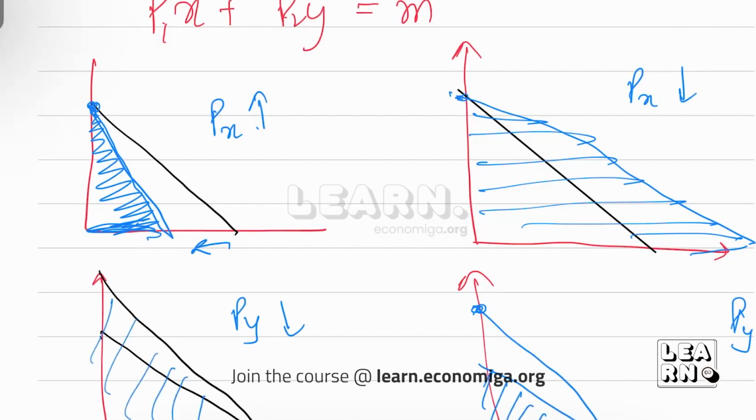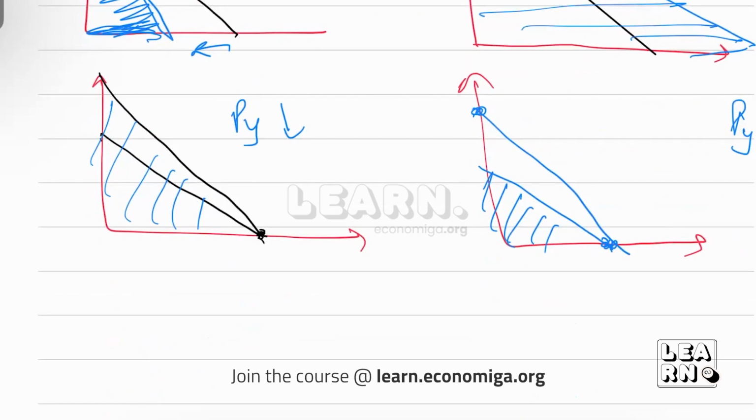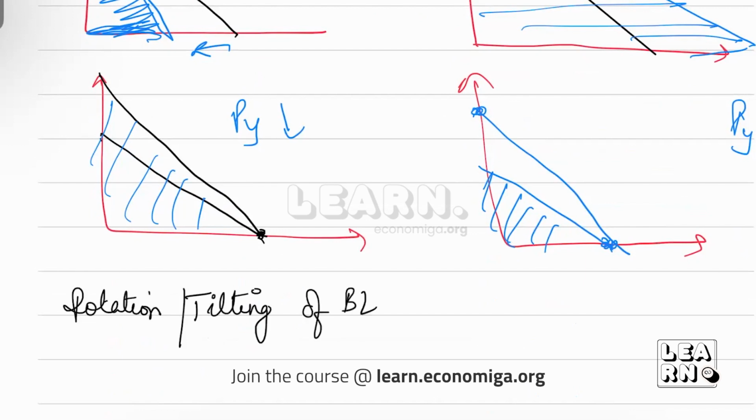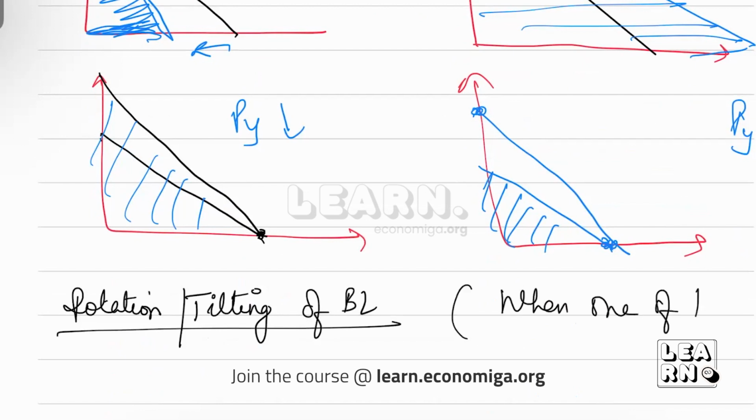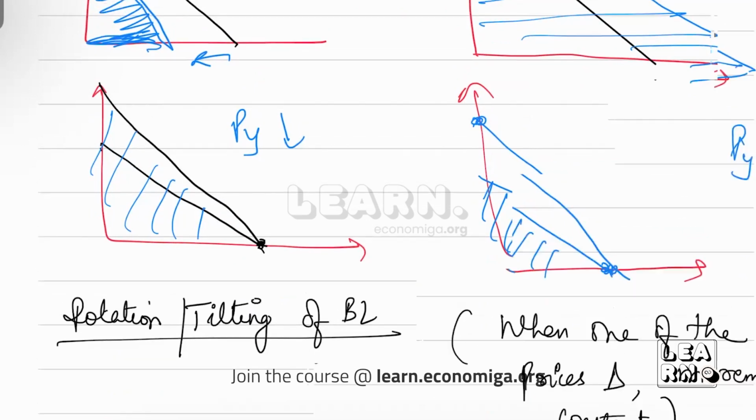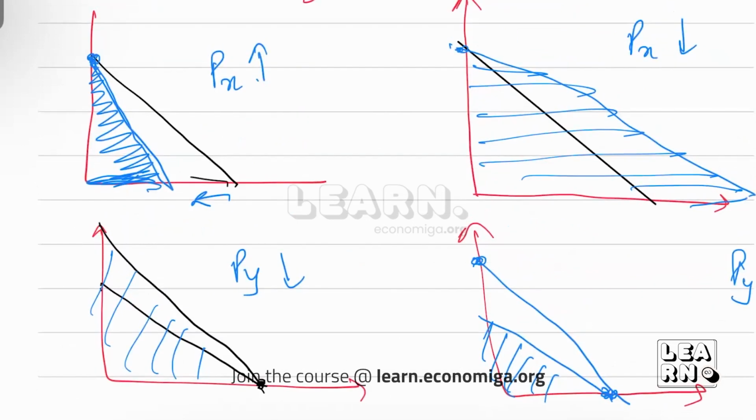So this is what we call a rotation or a tilting of the budget line when one of the prices changes and M remains constant. If the price of X has risen, the budget line has rotated inwards along the X-axis.